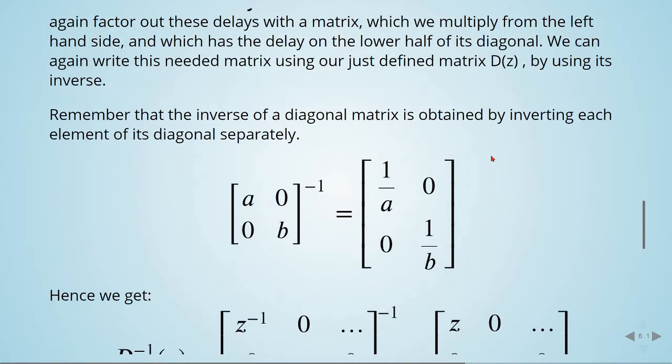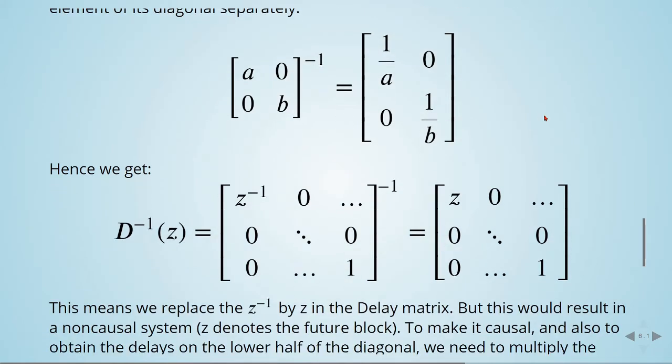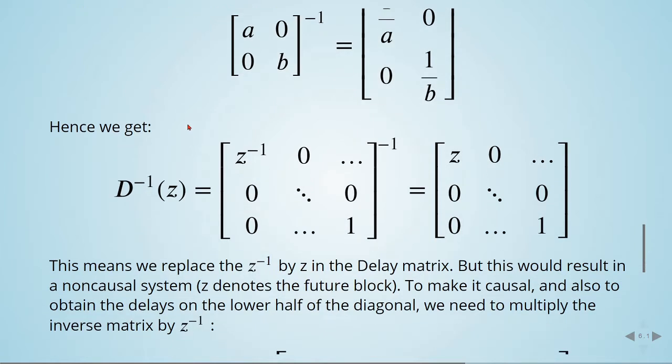Remember that the inverse of a diagonal matrix is obtained by inverting each element of its diagonal separately. So this is an example of how to invert a diagonal matrix. And therefore we get the inverse of this delay matrix given here. This means that we replace z to the power of minus 1 by z in the delay matrix.